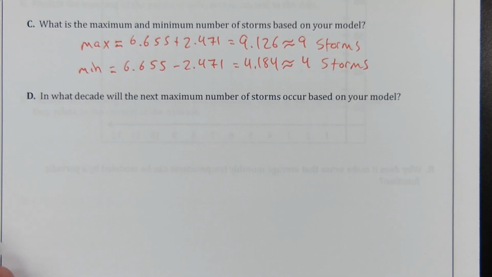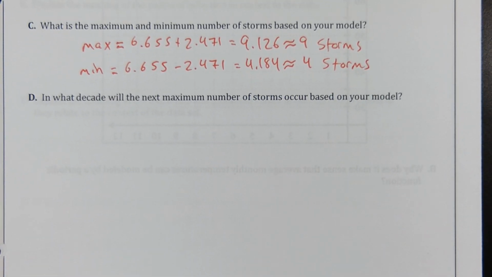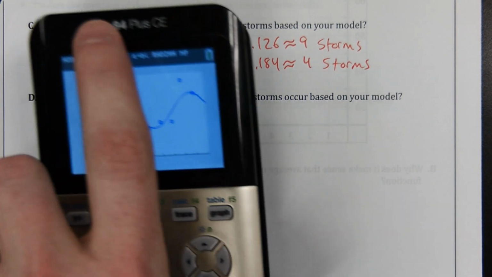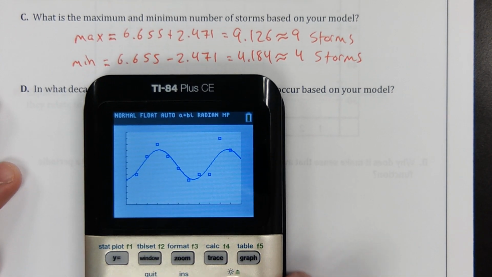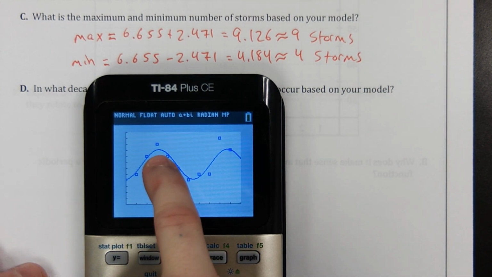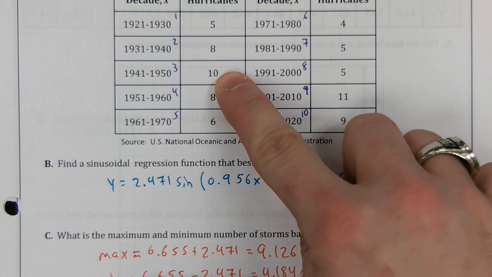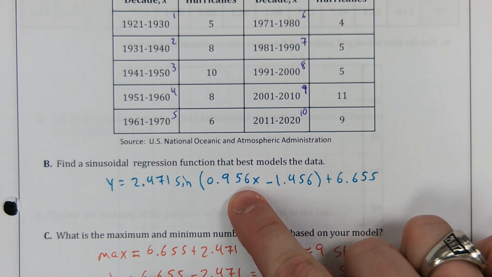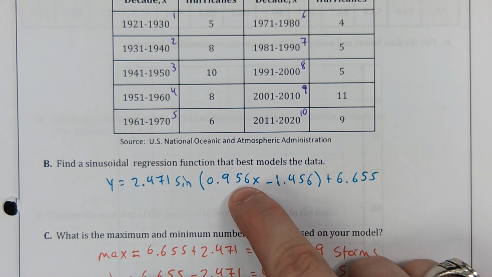Now, based on our model, in what decade will the next maximum number of storms occur? We have 2 ways that we could do this. We could either extend our graph, our x-axis, until we get another maximum, or we could see that the model's maximum occurs at that data point, and we could do 2 pi over b to figure out the period length.